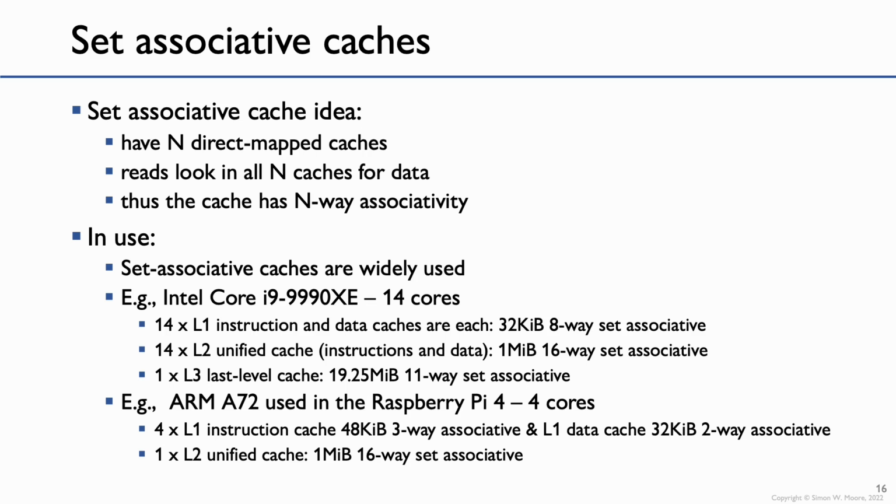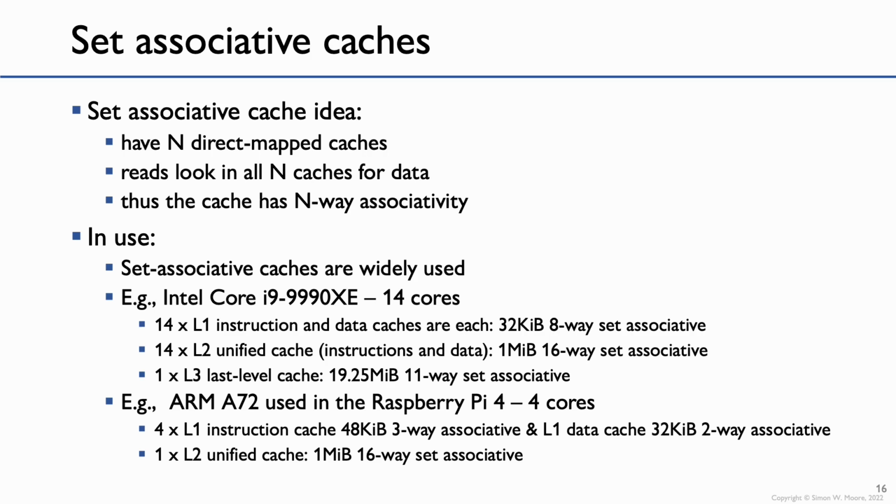Then there's a unified L2 cache, so each of the 14 cores has one L2 cache, and that is 1 megabyte and 16-way set associative. And then on this processor there's a last level cache, so all of the L2 caches feed into the enormous L3 cache, which is 19 megabytes and 11-way set associative. These are interesting numbers.